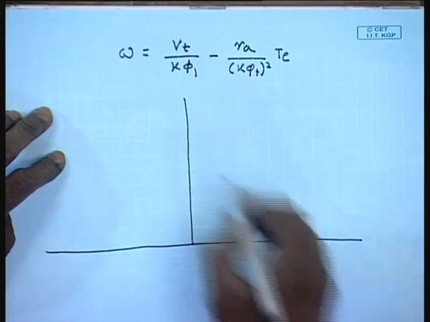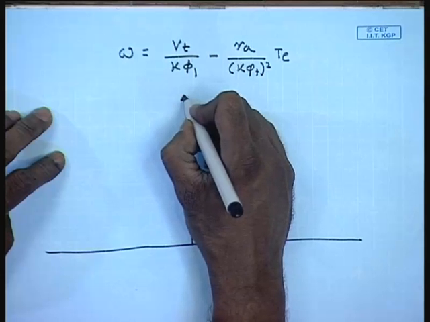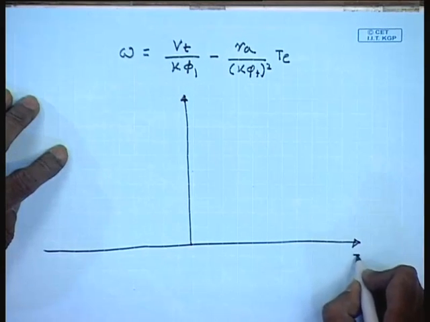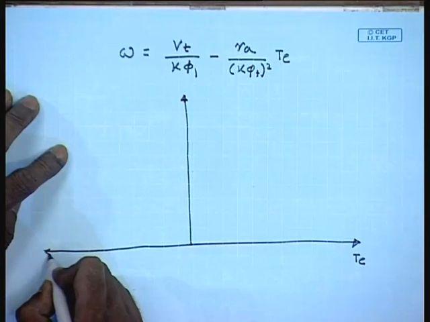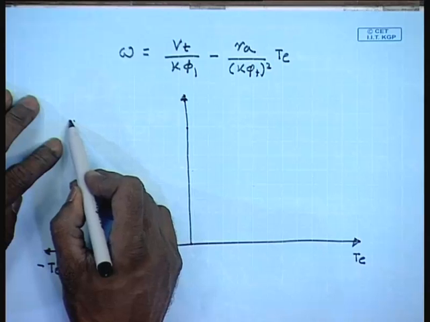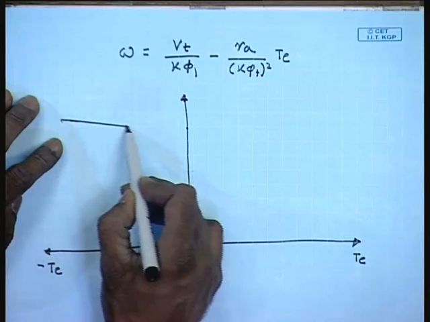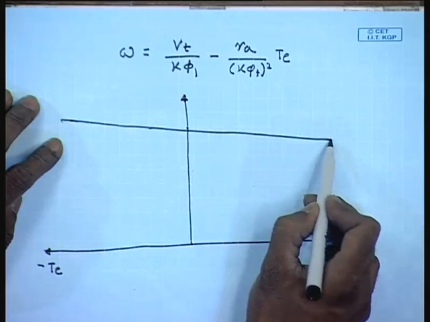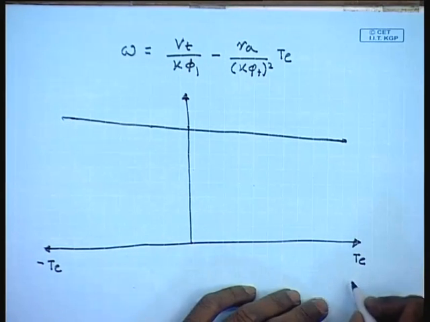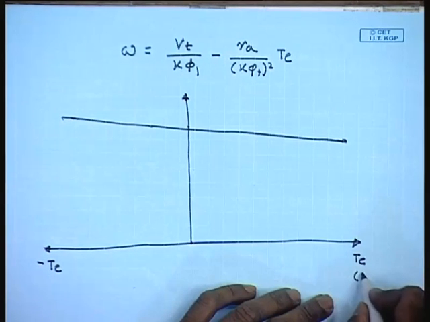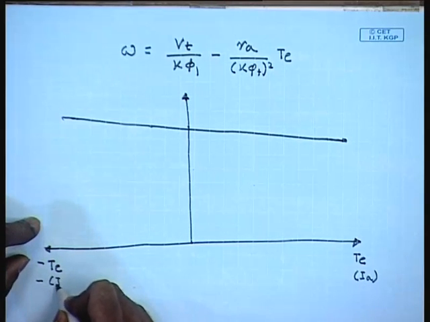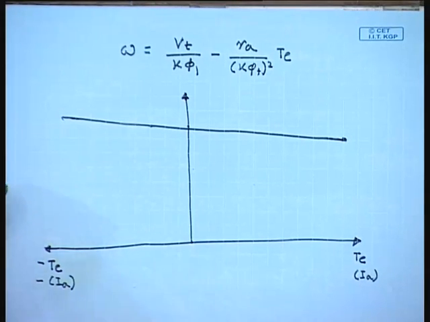With our assumed positive direction of current flowing into the machine, the motoring mode torque is positive and the generating mode torque is negative, since in a DC machine with constant field flux, torque is proportional to armature current. So, this x axis also to a scale represents the armature current.